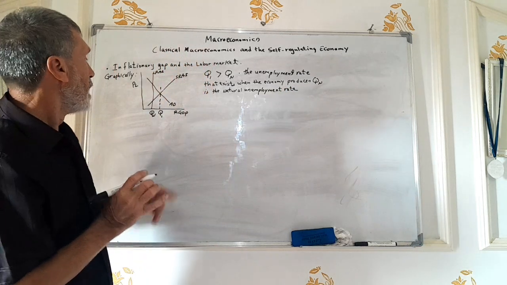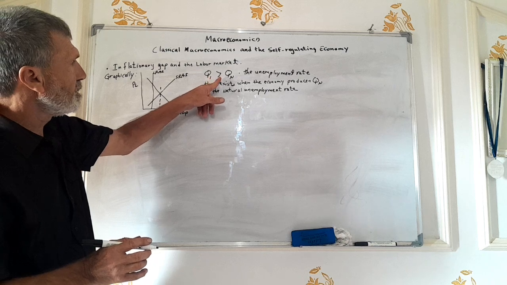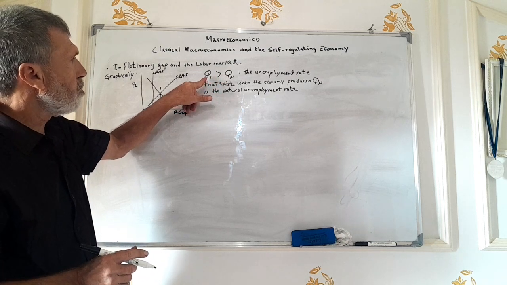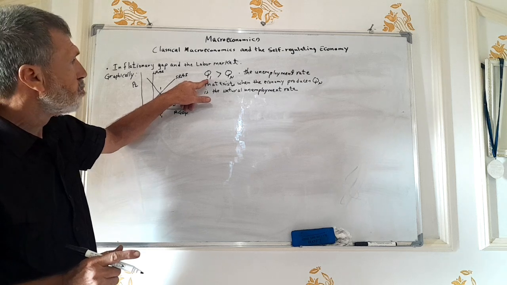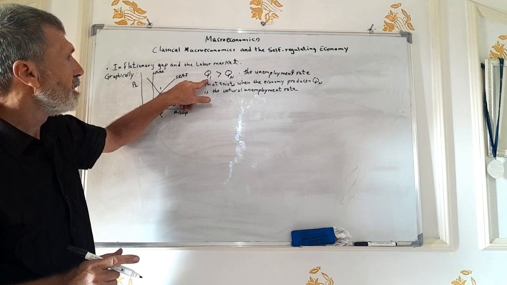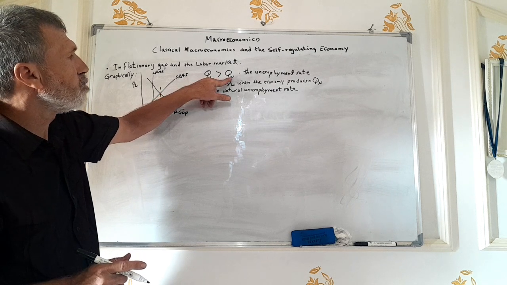Okay, so as you can see over here, since Q1 is greater than Qn, the number of workers needed to produce Q1 is higher than the number of workers needed to produce Qn.